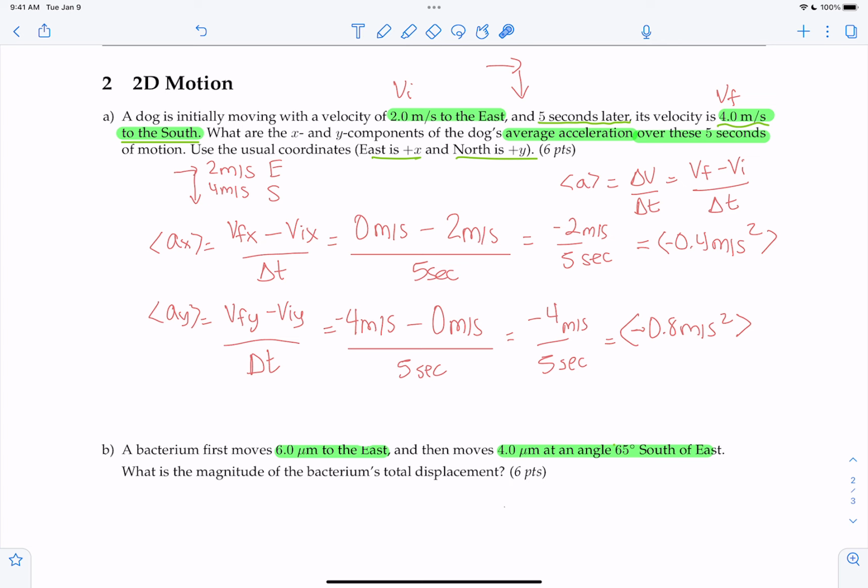That's why I was saying that if we were to extend the time for this experiment, if we just let the dog keep moving for an infinite amount of time without any other interruptions, I would continue moving in that south direction and just be getting faster, because my velocity is negative, my acceleration is negative, and they're in the same direction. I would imagine this as if I was stepping on the gas pedal, just in the south direction.